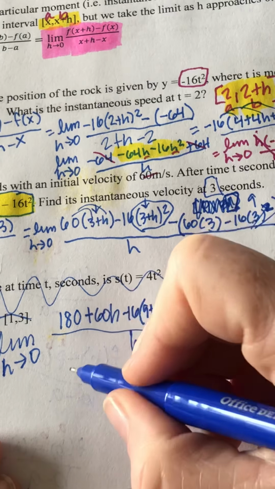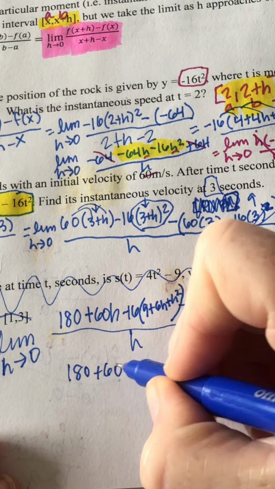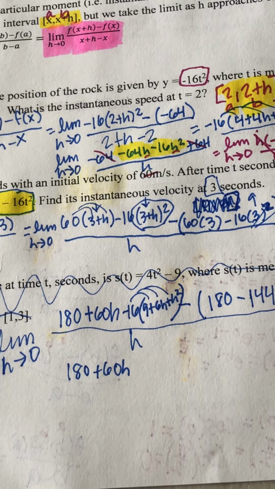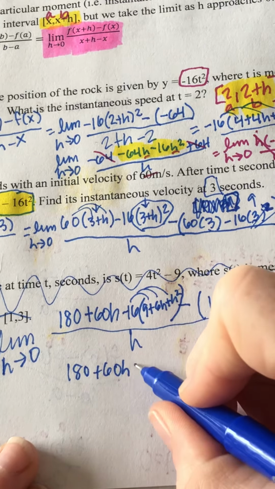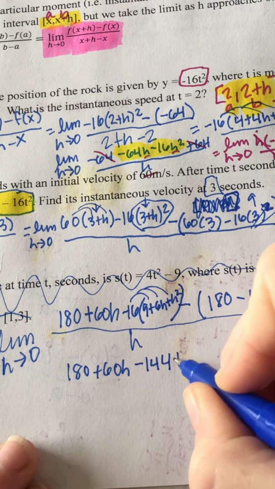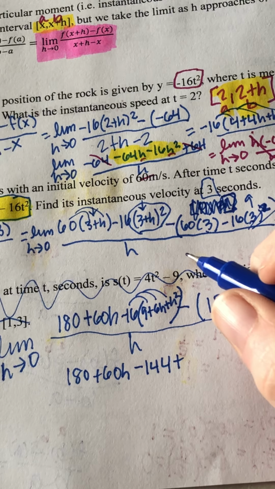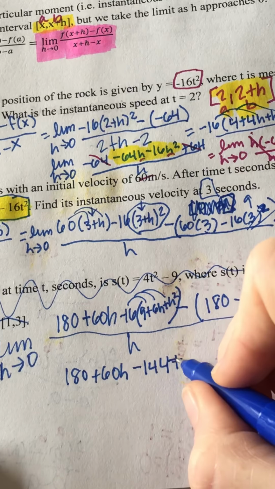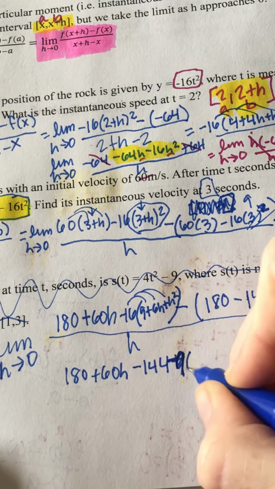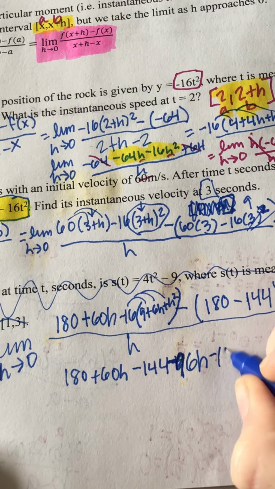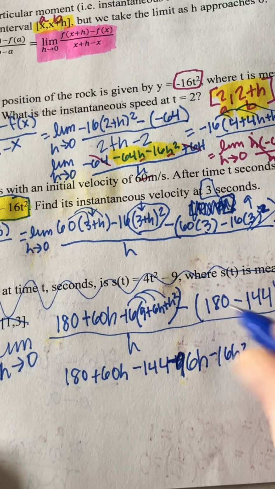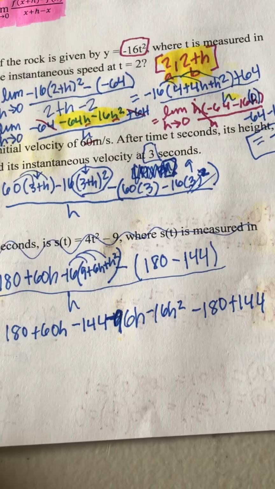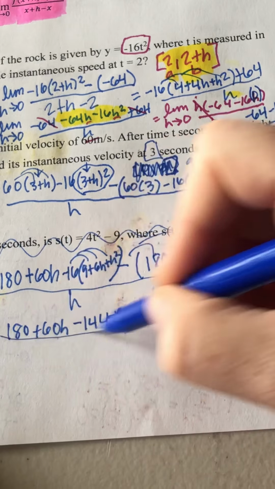So 180 plus 60h. Now I'm going to distribute the 16. So 16 times 9 is negative 144. Then 16 times 6 is 96, but that's minus 96h. Minus 16h squared. Then minus 180 plus 144. So I distributed that minus.